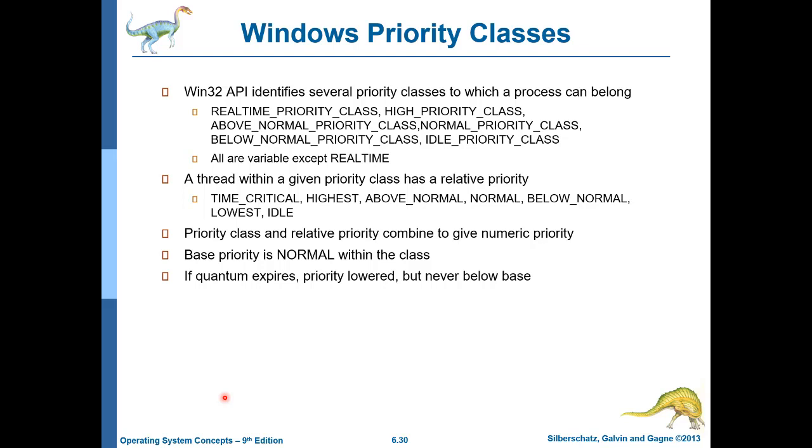By default, each priority is normal. If the time quantum expires, then the priority for that process is lowered, but never below the base priority. So if you start with highest priority and it cannot finish in the time quantum, you reduce it to high priority, and so on until it gets to normal.